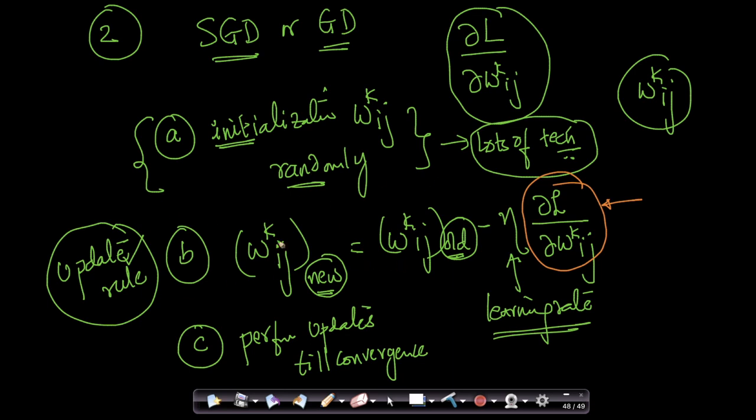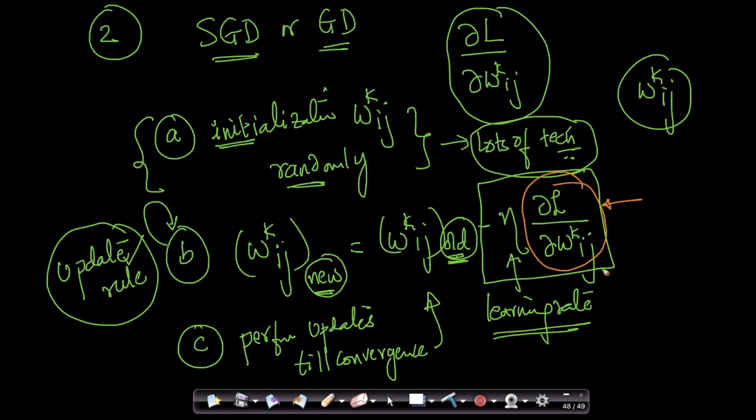Because this is an iterative algorithm, you keep looping this step over and over again till the difference between old and new becomes extremely small, or in other words, very close to 0. Till then, you keep updating your Wkijs. That's what convergence means.